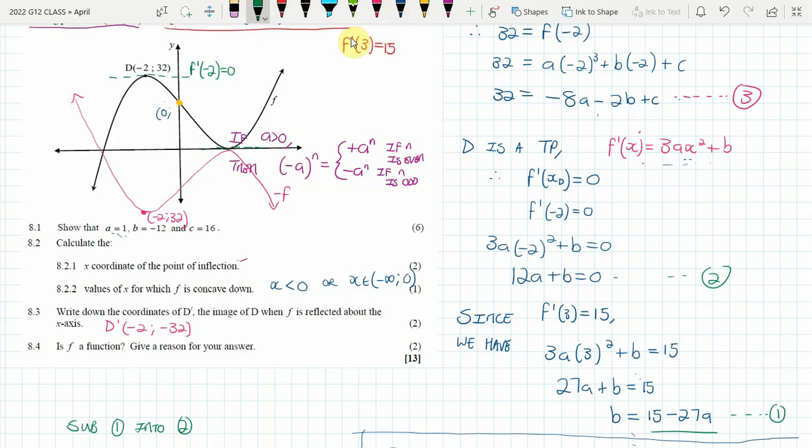Or you can just say it passes the vertical line test. Yes, f is a function, it passes the vertical line test. Now, this is an informal way of testing a function.